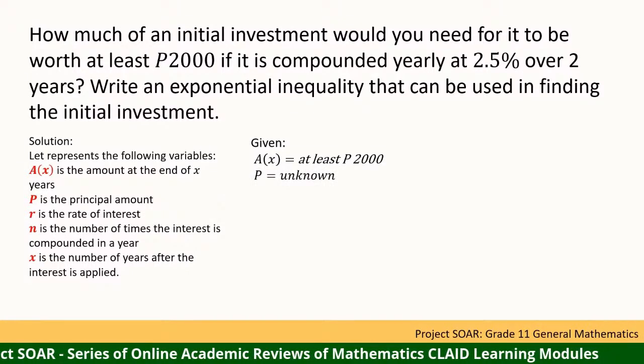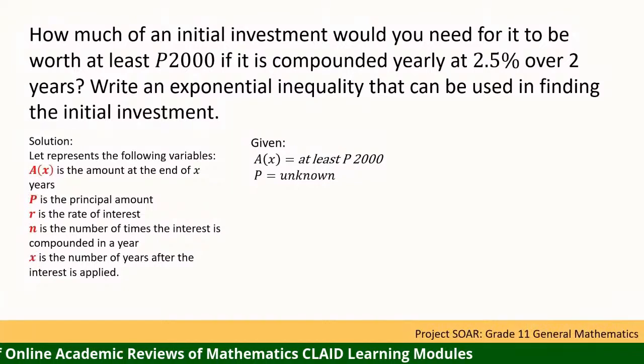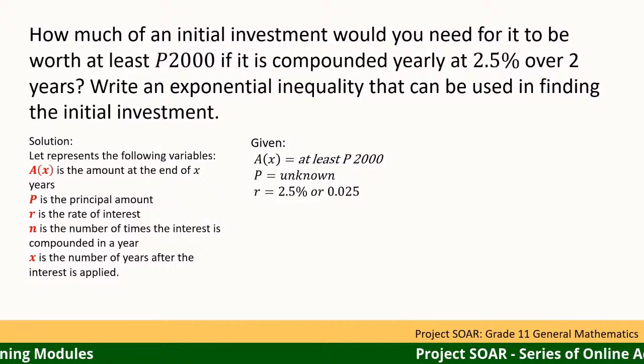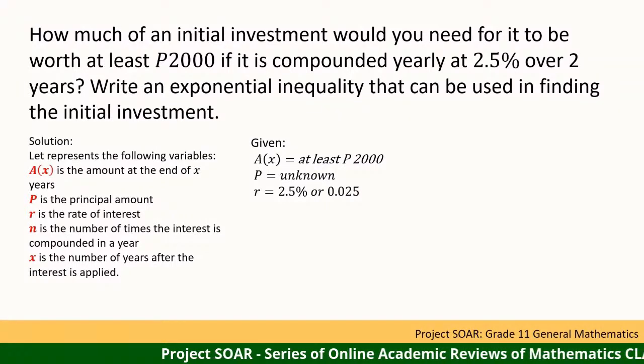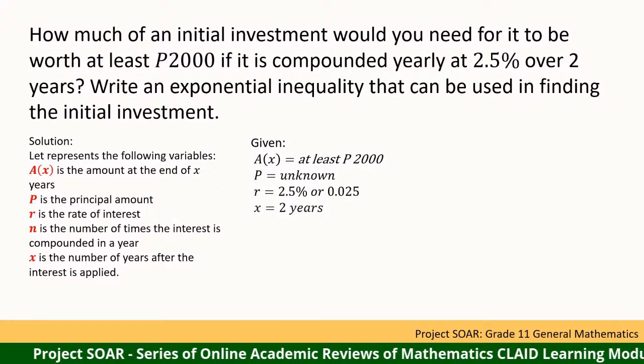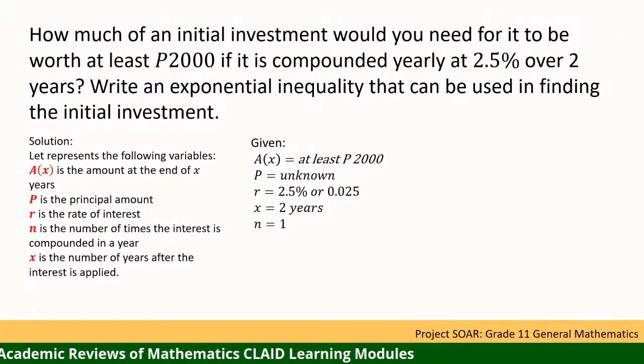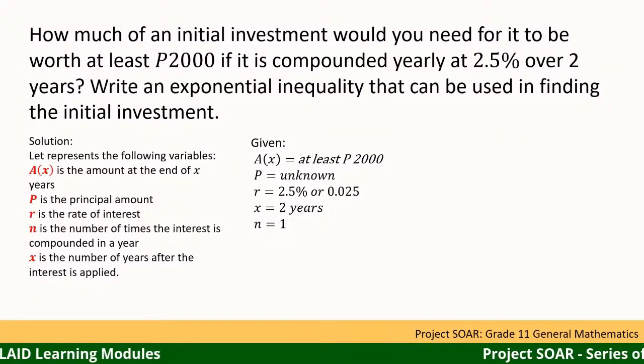And then, P is unknown. Rate is the interest, which is 2.5% or equivalent to 0.025 in decimal. And then X is 2 years. And N is 1 because it compounded yearly.